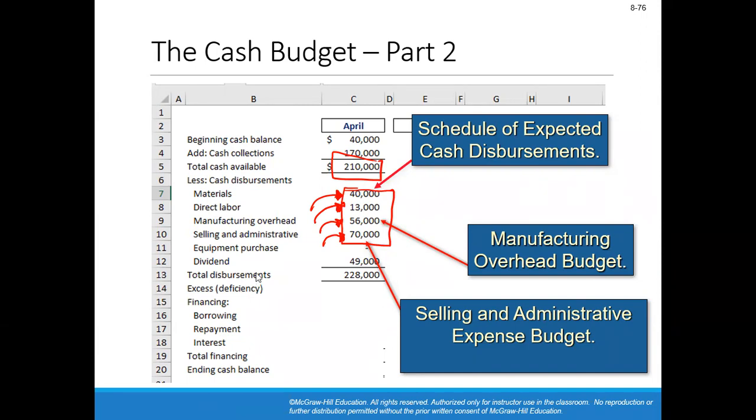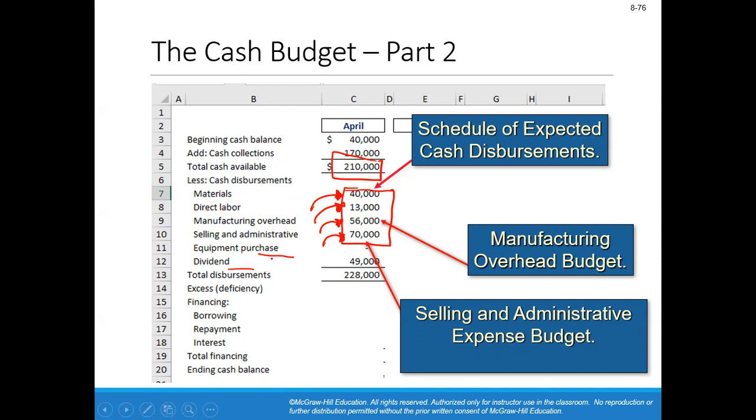So here are these numbers. These come from the materials budget, the direct labor budget, the manufacturing overhead budget, the selling and administrative expense budget, and equipment purchase and dividend. These are something new. Equipment purchase information is given to you, dividend information is given to you.